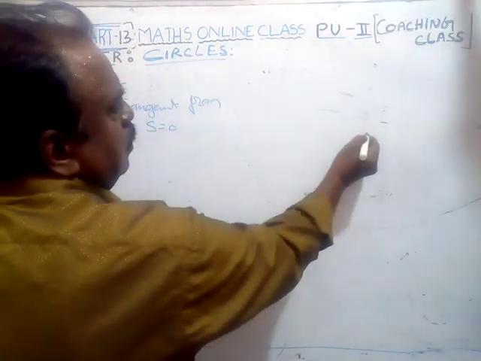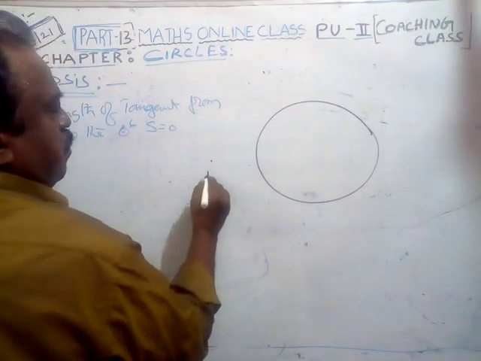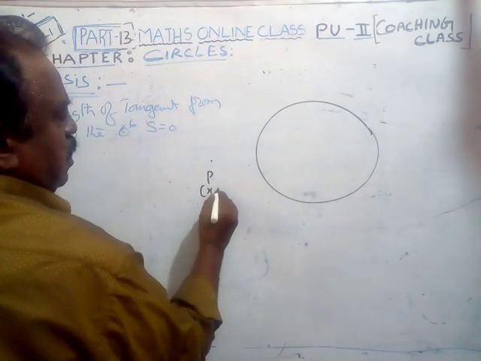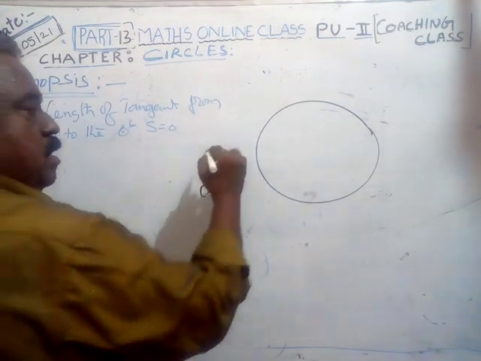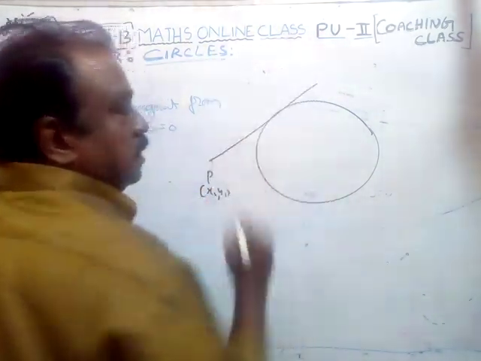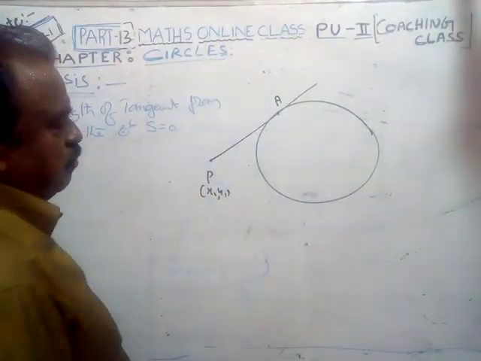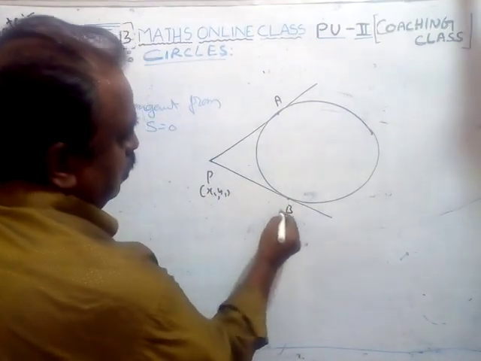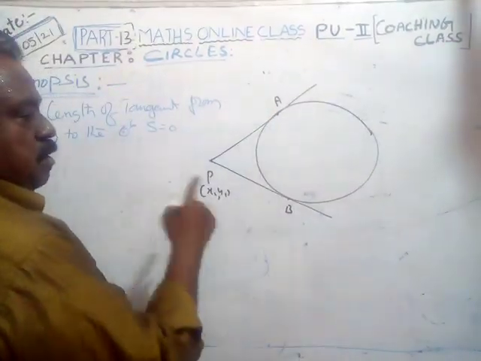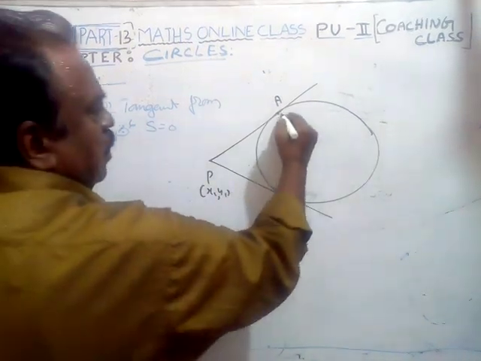You see, it is a circle. There is a point P, it is (x1, y1). From the point P, if you draw the tangent, it meets the point A. Of course, here also it meets B. PA and PB are both tangents, the lengths of tangents.